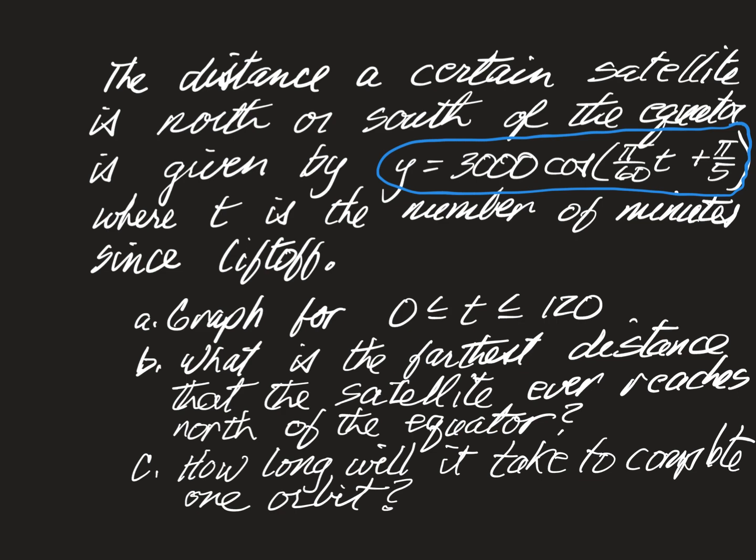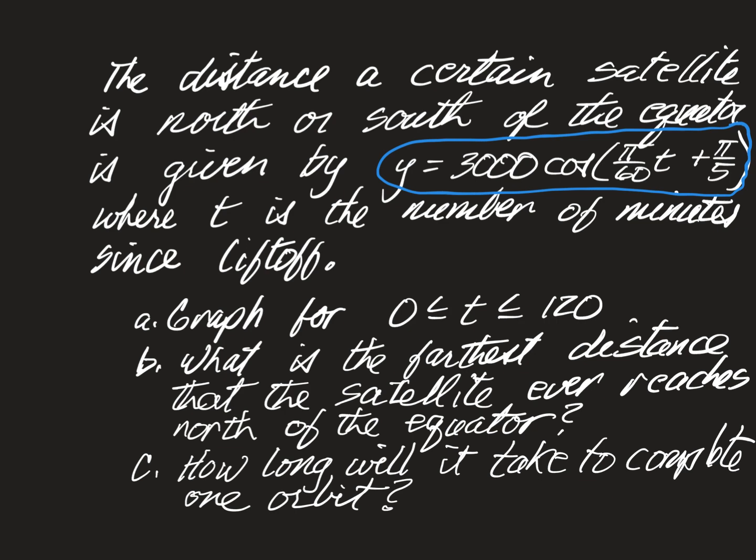The distance of a certain satellite north or south of the equator is given by the equation y equals 3,000 cosine of pi over 60 t plus pi over 5, where t is the number of minutes since liftoff.